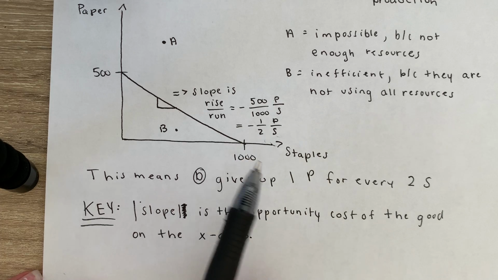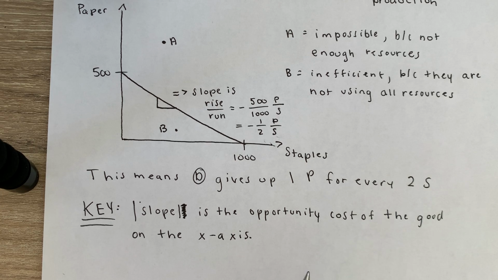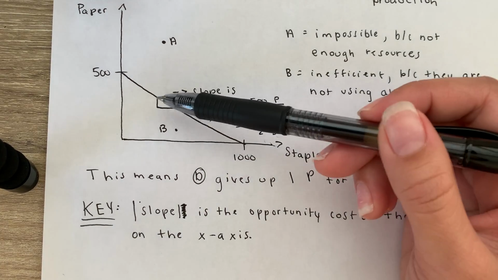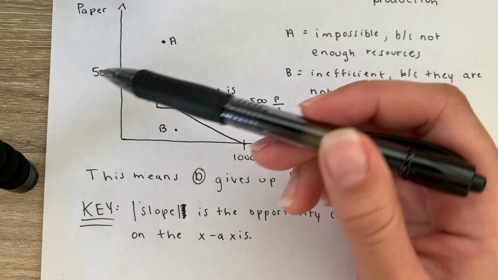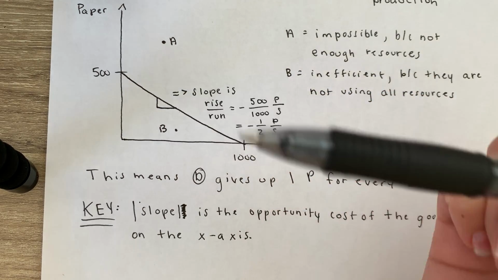So in our case, we know that the absolute value of negative 1/2 is 1/2. So 1/2 P over S is the opportunity cost of staples in our case. And something you want to keep in mind is the slope is negative, because that's just technically what it is, because it's a downward sloping line. So the slope here is negative because we go down.